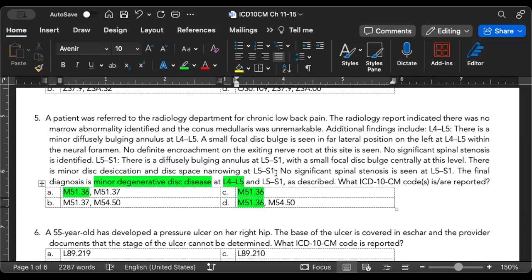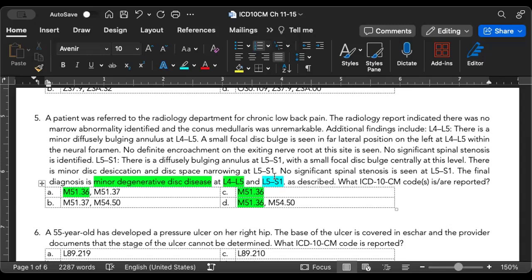Okay. So now we need to look for that degenerative disc disease between L5 and S1. So we'll go back to degeneration, intervertebral. And then from there, we're going to look for lumbosacral, because we are at L5S1, so the lumbar and the sacral, where they join together, is known as the lumbosacral region.